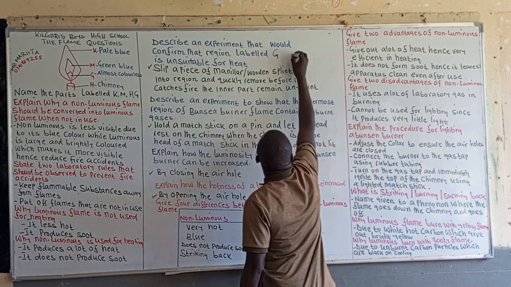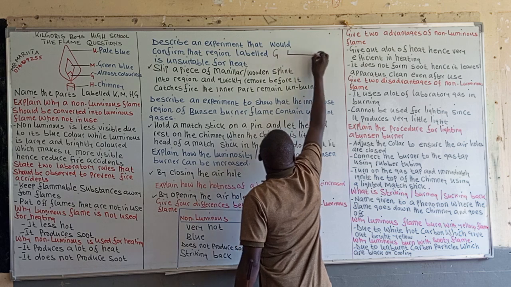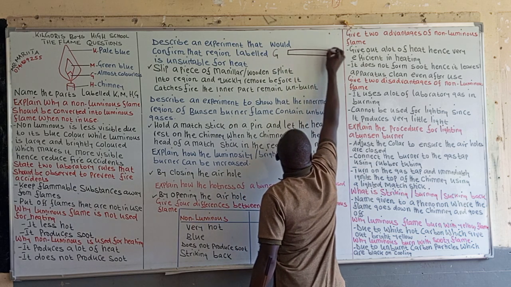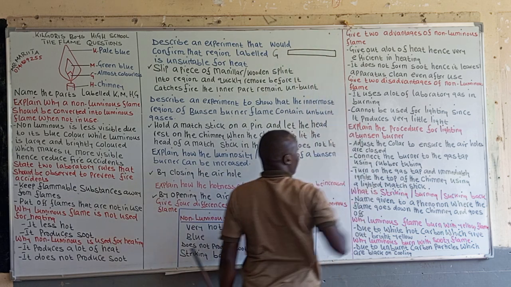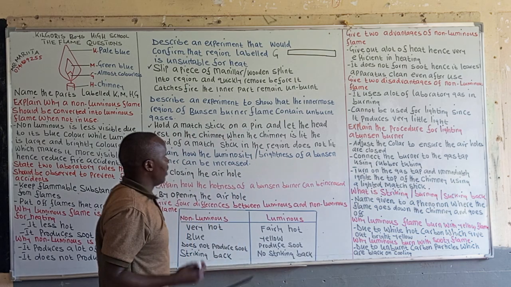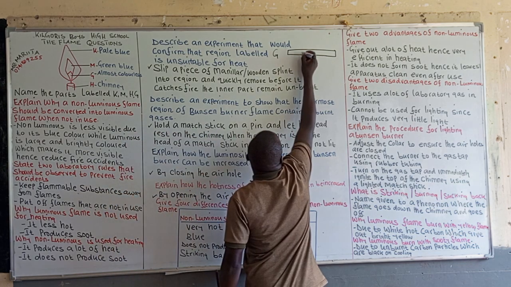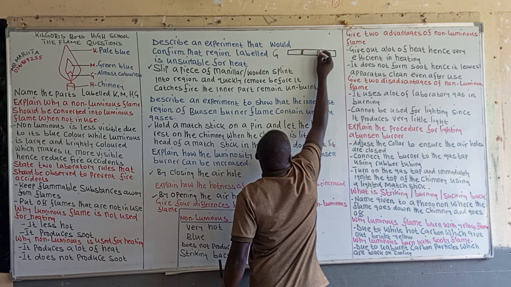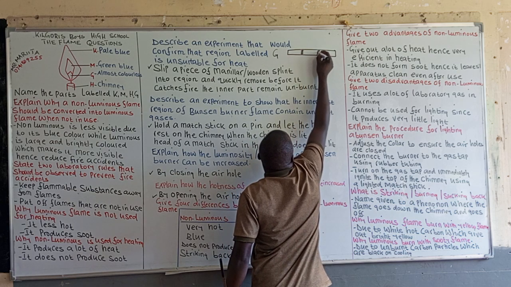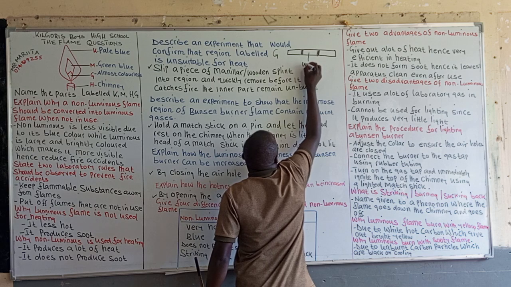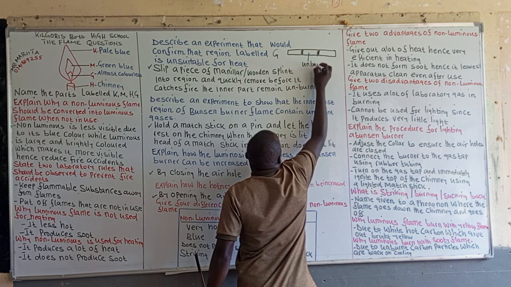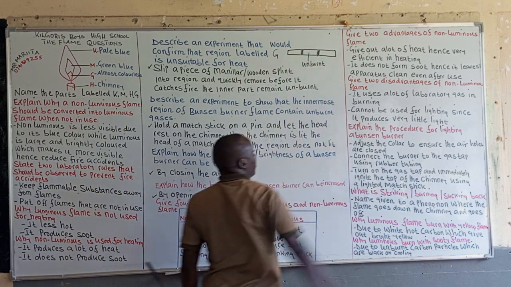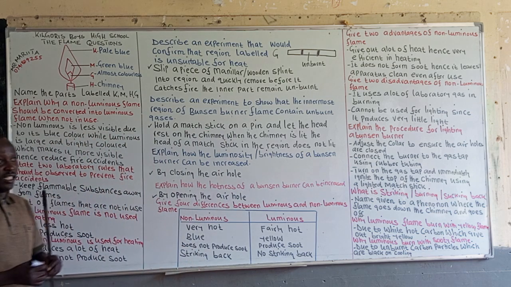So if you use a wooden splint, you slide it in, then you remove it quickly before it catches fire. So we can have the outer part, this one here, we have this part here, then we have the inner part remains uncut, or we can say that it is charred.